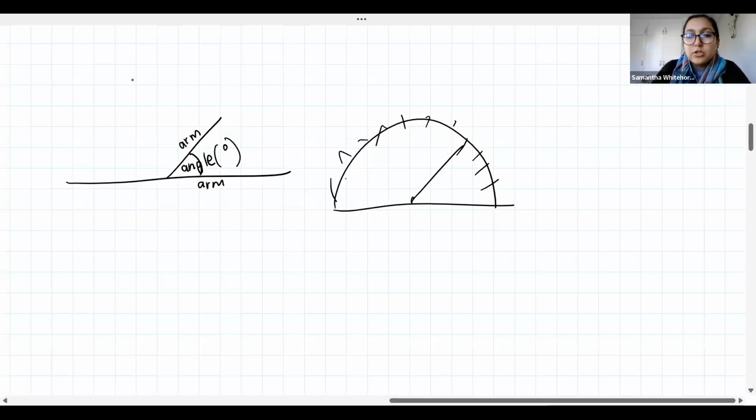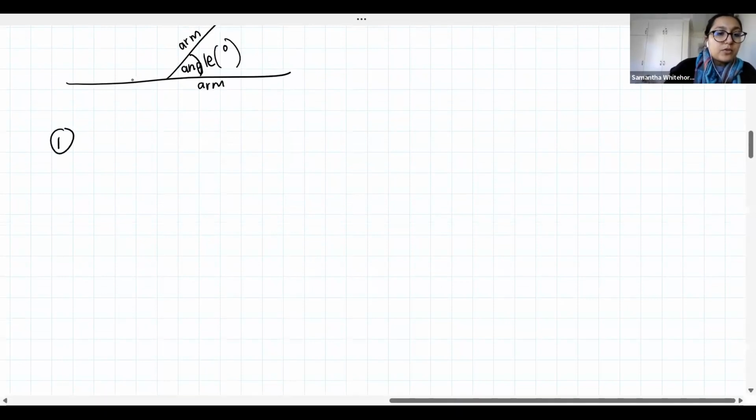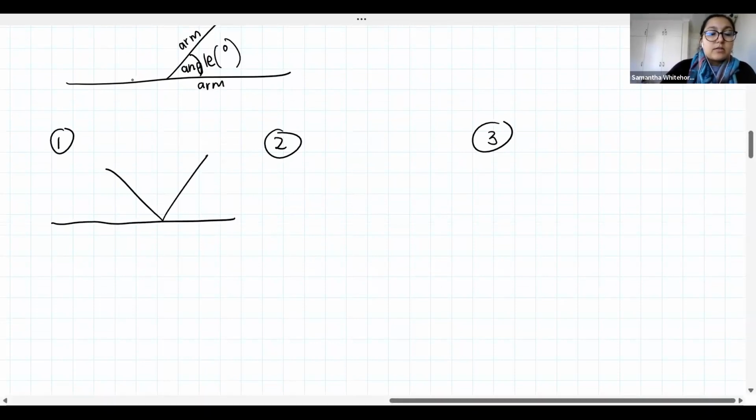What we are trying to do in geometry nine times out of ten is work out the size of angles. The three basic straight line rules are as follows. First, we can get angles on a straight line, as many angles as you want.